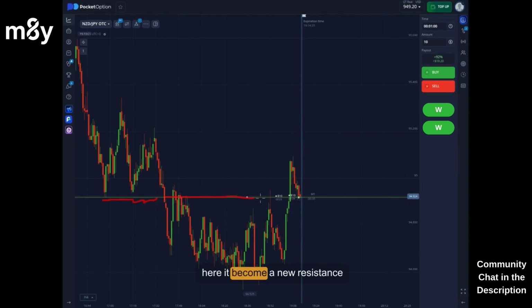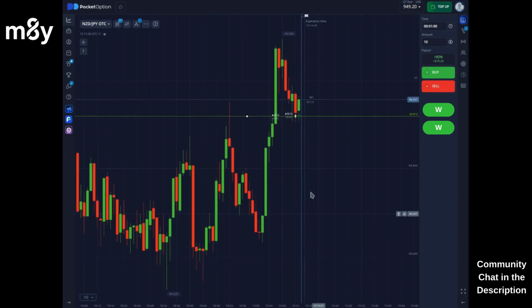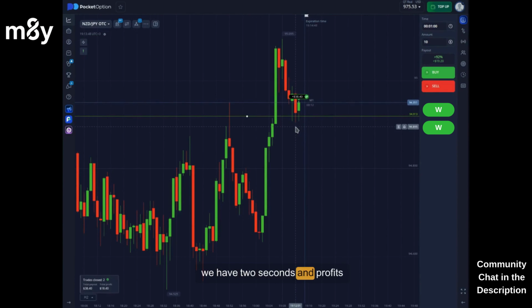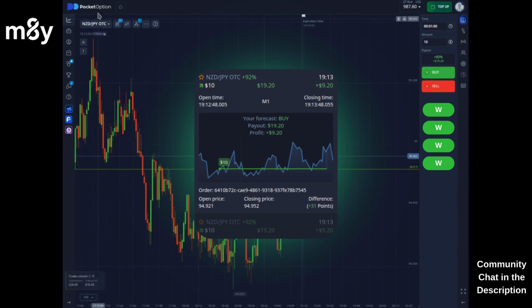Look in here, it became a new resistance. And after this breakout, the price wanted to come back to the same line that it just broke in here. And in here, it will act like a support. So that was what I wanted to use in here. And we have 2 seconds and profits. All right.